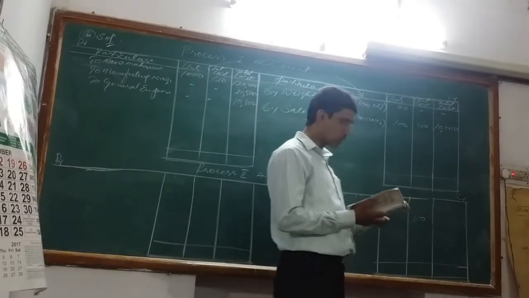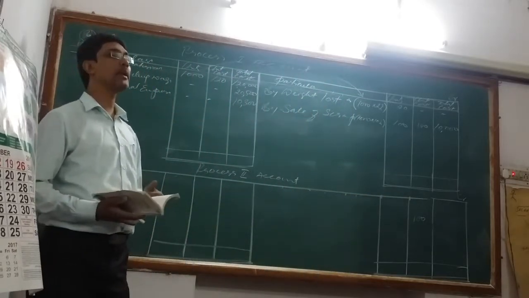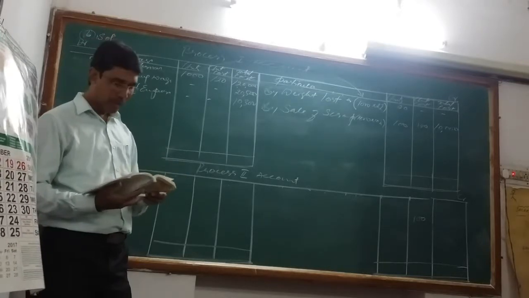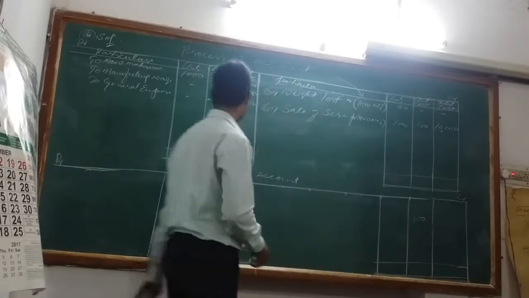Now we need to close the process account. 75% is transferred to the next process, and 25% is sent to the warehouse for sale.